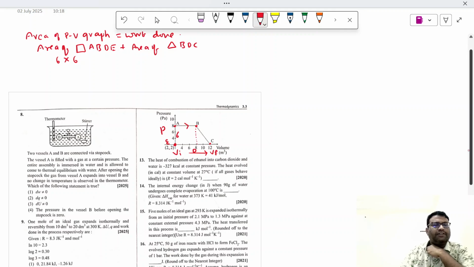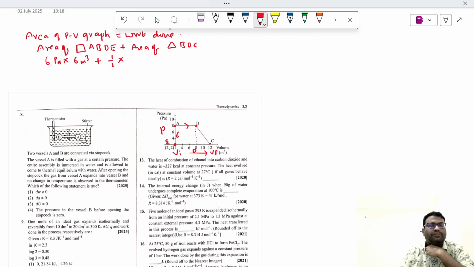What is this? 6 Pascal into 6 meter cube, plus the area of the triangle, half into height into length. For this triangle, 12 minus 8 is 4, and here the base is again 6.